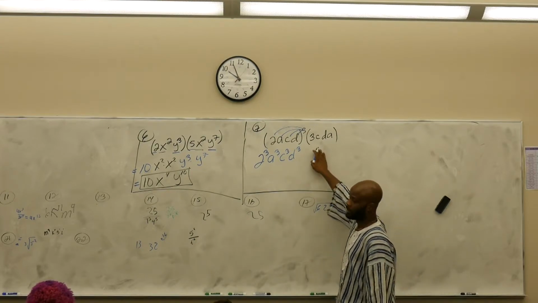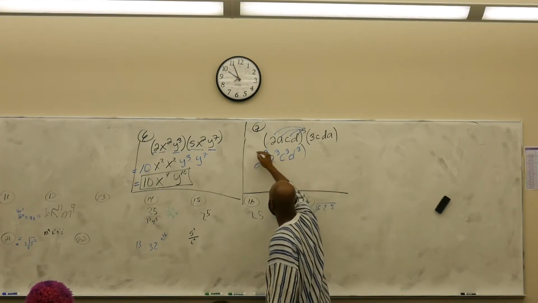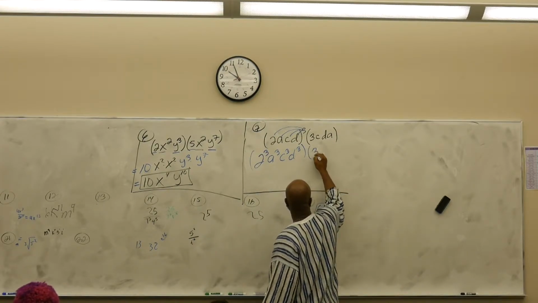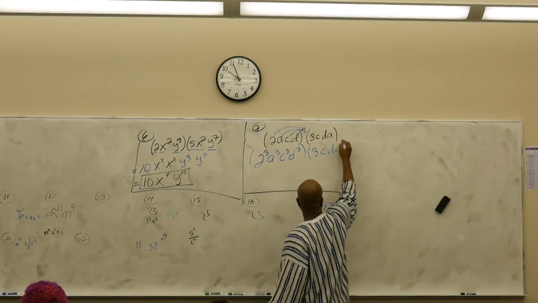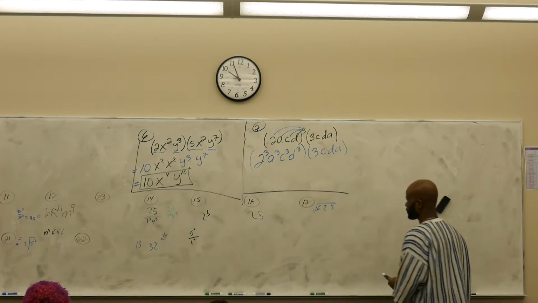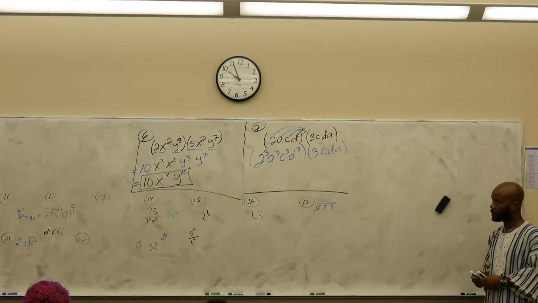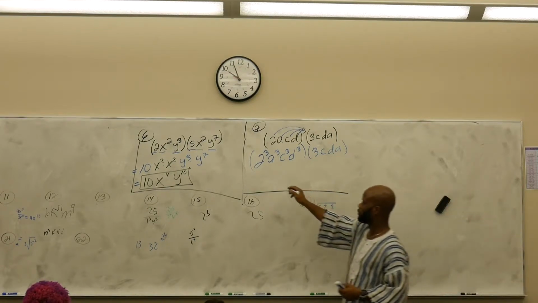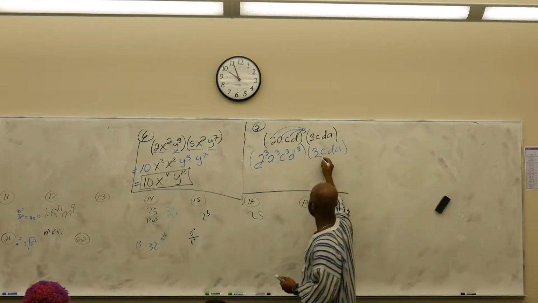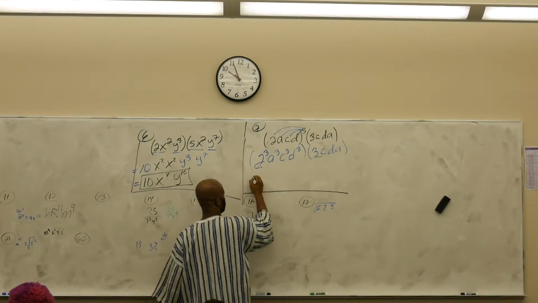All right. So then I'm bringing these because we're still multiplying. 3, C, D, A. By the way, what's 2 to the 3rd? 8. So I'm doing 8 times 3, right?